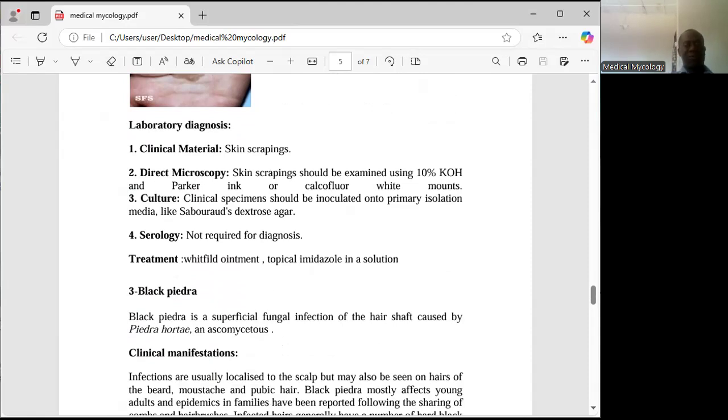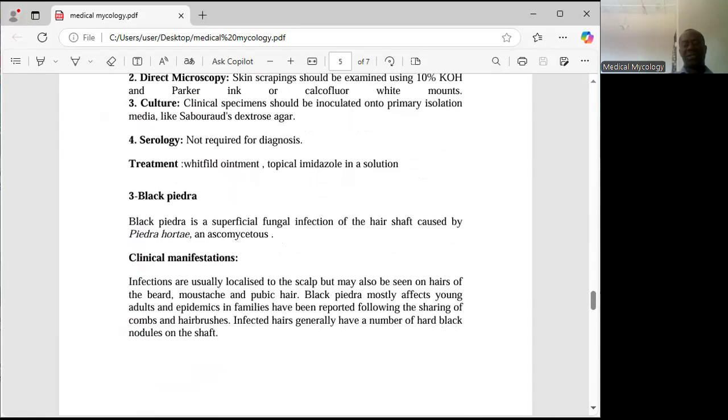Another fungus of interest is black piedra. Black piedra is a superficial fungal infection of the hair shafts, which is caused by Piedraia hortae, an ascomycete. The clinical manifestation is that infections are usually localized to the scalp, but may also be seen on hairs of the beard, the mustache, and the pubic hair.